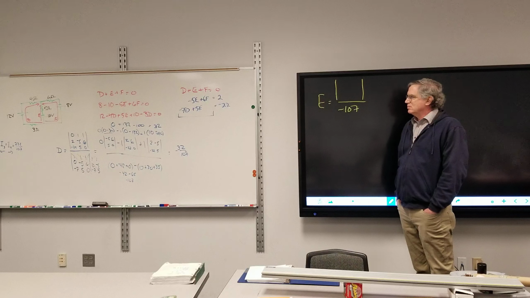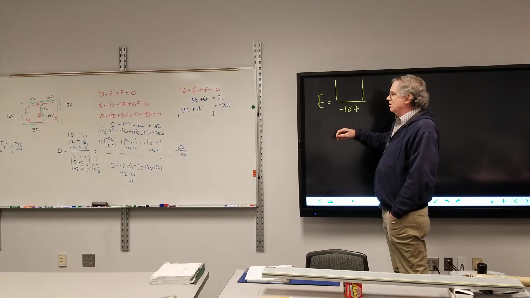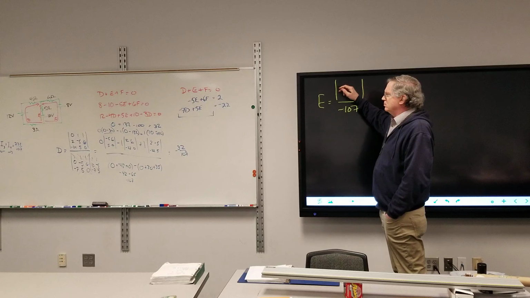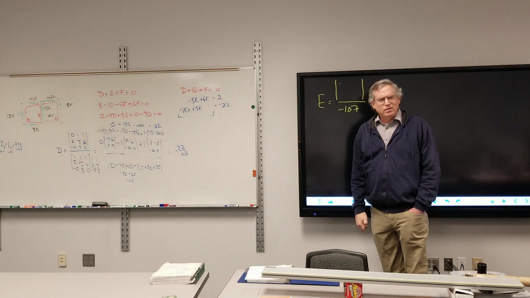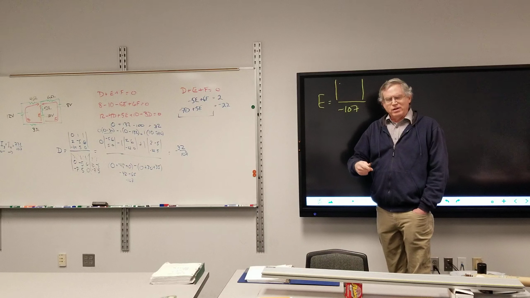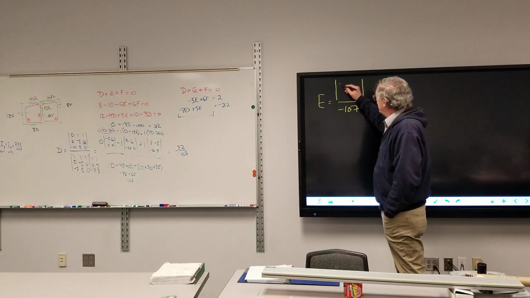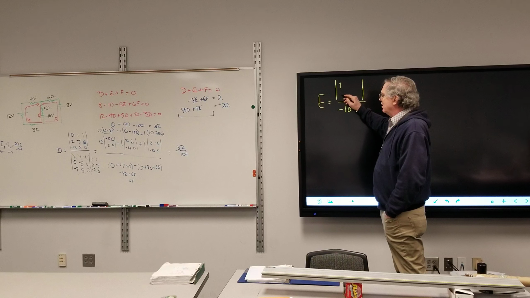Zero, negative 5, 5, so going down. You said 0, negative 5, 5. 1. All right, start again. 1, 1, negative 5.